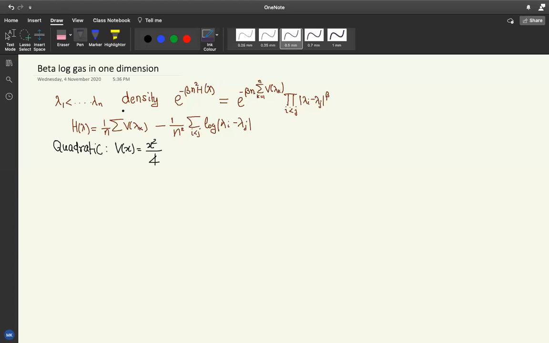Let me explain this. More or less the entire course is about understanding this kind of an object. First of all, this is a probability density on R^n.